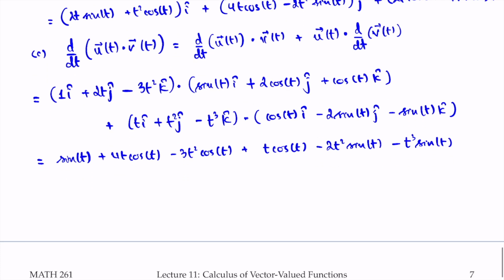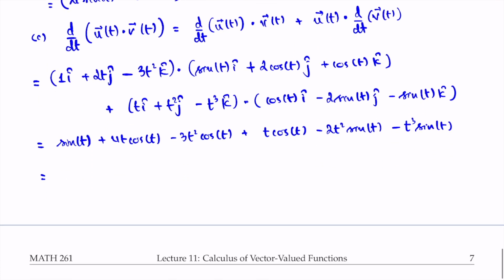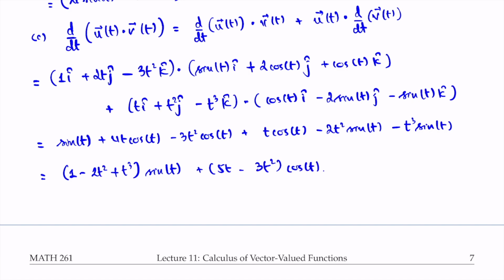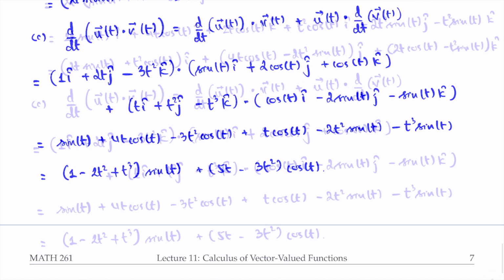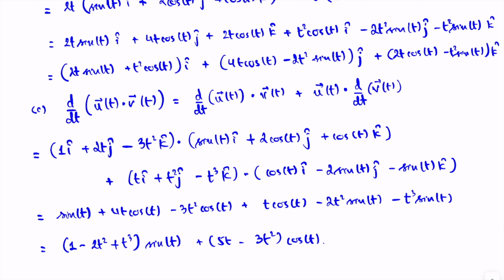And then you can combine like terms and arrive at the following result. That is 1 minus 2t squared plus t cubed times sine of t plus 5t minus 3t squared times cosine of t. Alright, so in this example, we look at the derivative of vector valued functions using different properties. So that's it for example 4.